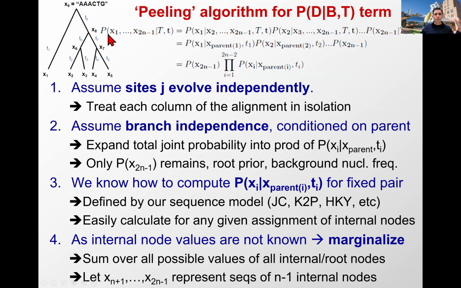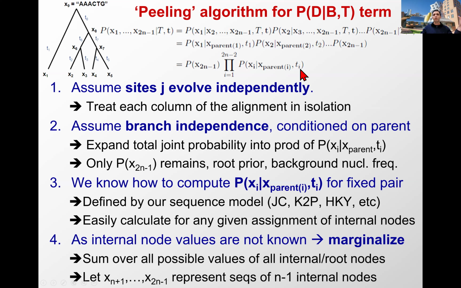So basically, the joint probability of observing all of my sequences, X1 through X5, aligned to each other, given my topology and the branch lengths, given this branch independence, is going to be simply each child given its parent and the corresponding branch length, which is going to be simply that product.